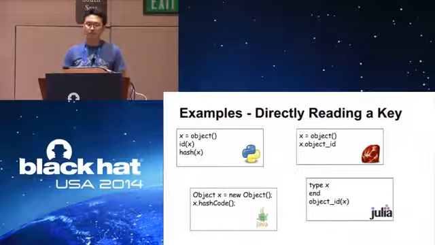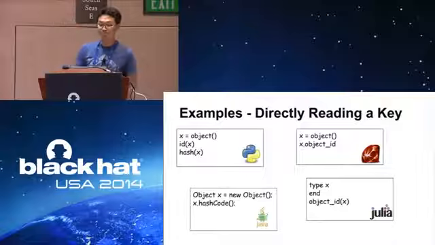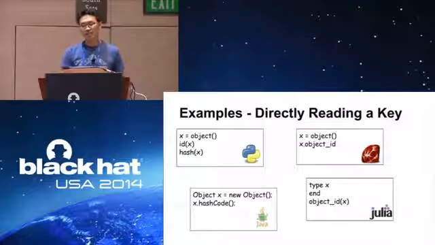In these cases they rely on different address spaces, so it is possible that this address information from the VM side can be useful. And in Julia's case, you can create the type object and then get the ID of the object, and it is the address.